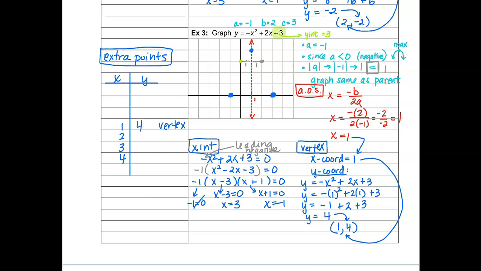I'll do extra points this time. Counting down 0, negative 1, negative 2. So what I know is that these here will be the same. I know these here will be the same. And I know that these here will be the same. We already know that 0 will be matched with the 3 because it's a y-intercept.